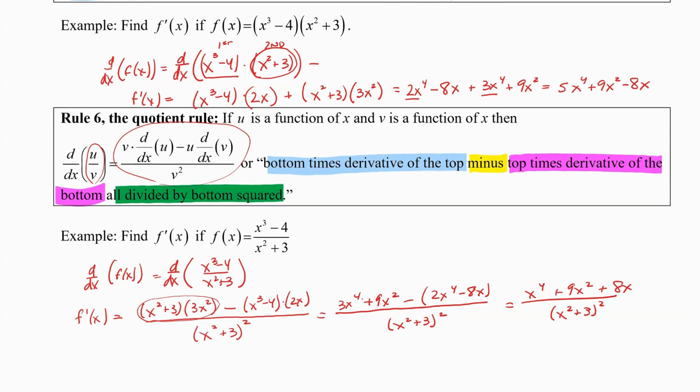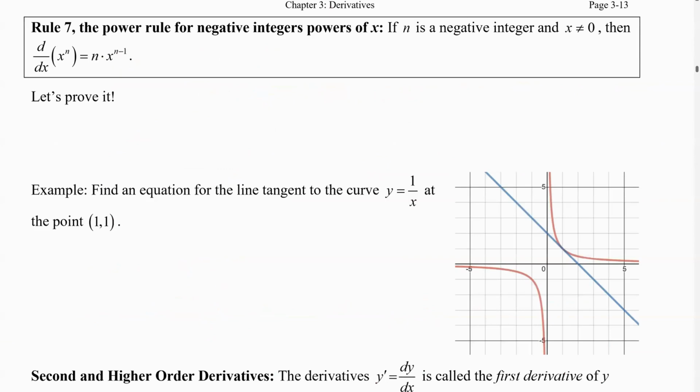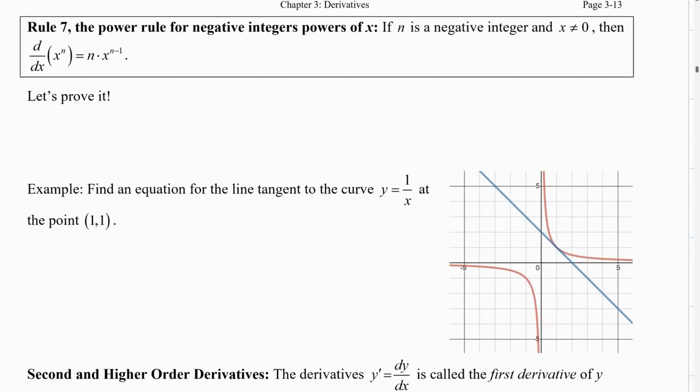And that's the quotient rule. So far we've learned the constant multiplier rule, the power rule for positive integer powers, the addition and subtraction rule, the product rule, and the quotient rule. Okay. But now, rule number 7, the power rule for negative integer powers of x.